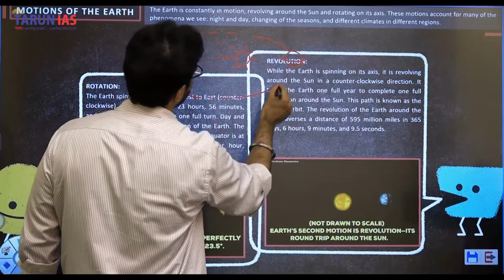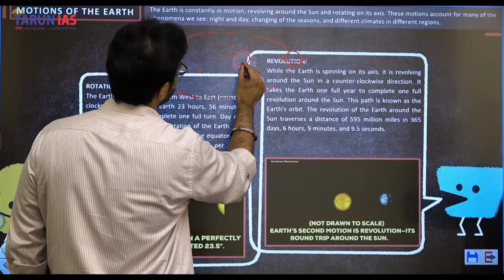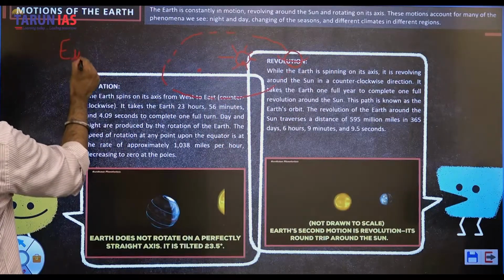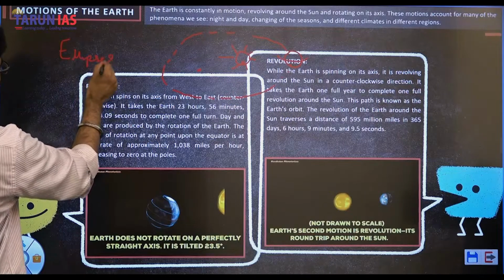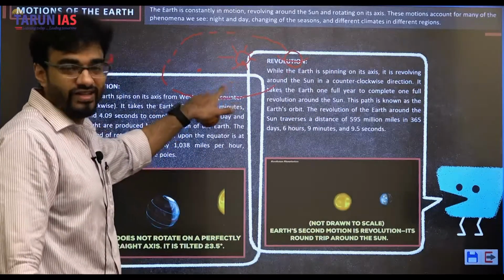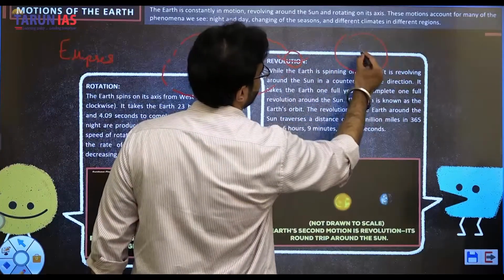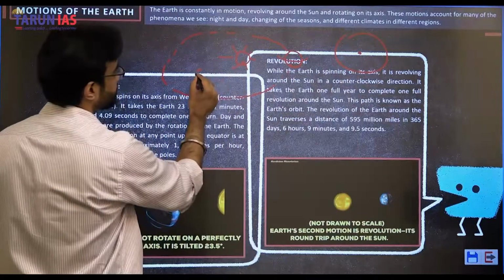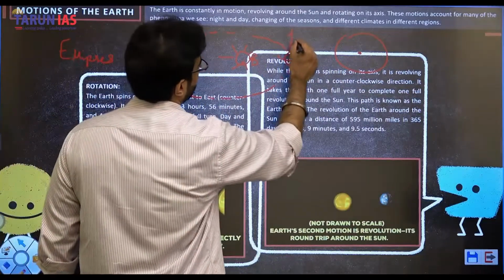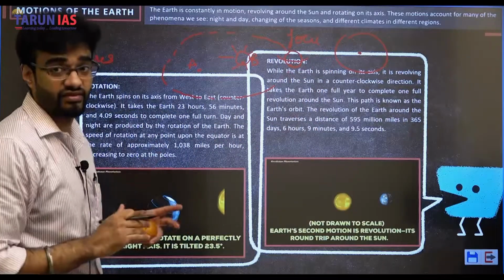Those of you who have not studied ellipses in 11th and 12th mathematics might not be aware of this term, but fortunately I'm an engineer, so basically, like a circle has only one focus, an ellipse has two foci. There's no need to go into the depth of mathematics, we are not studying engineering here.